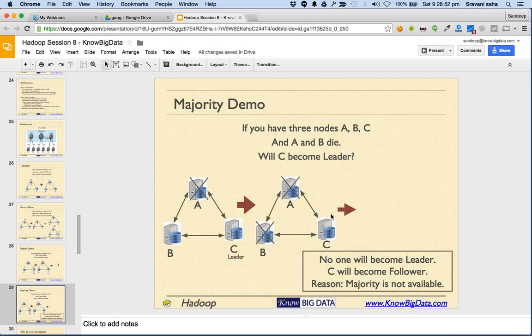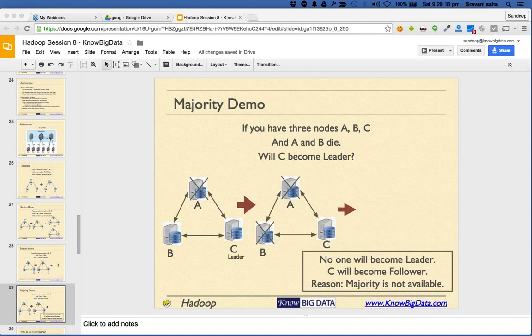Because C doesn't have the majority. There is only one node available out of three nodes. Majority is 2, because half of 3 is 1.5, and more than 1.5 is 2. Therefore, majority is not available for C, and C will step down.